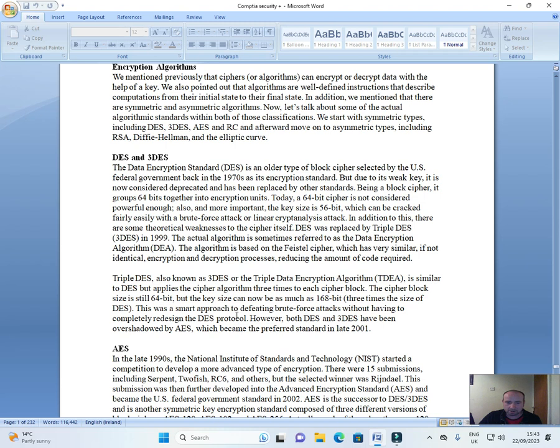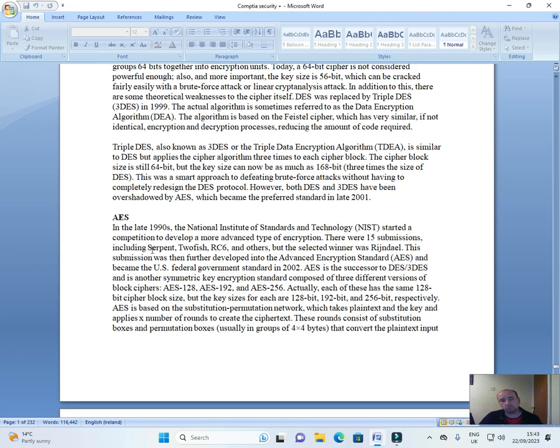This was a smart approach to defeating brute force attacks without having to completely redesign the DES protocol. However, both DES and 3DES have been overshadowed by AES, which became the preferred standard in late 2001.